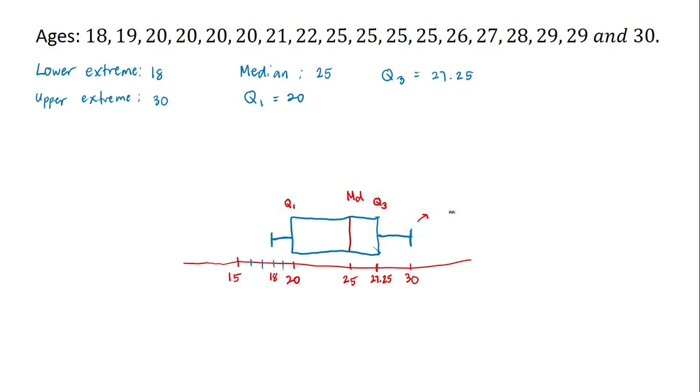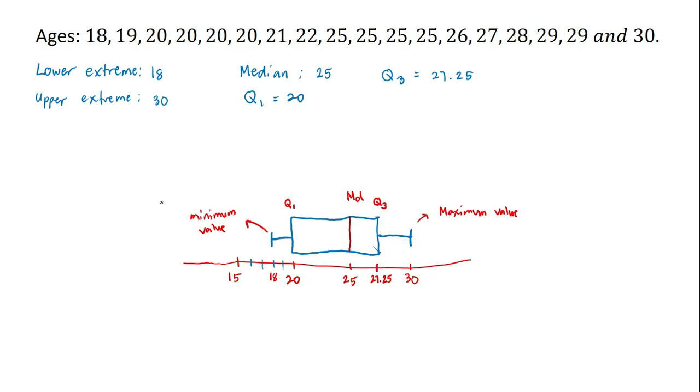And this is the upper extreme, the maximum value. And the other one is the minimum value. So this is now the box and whisker plot for this set of data.